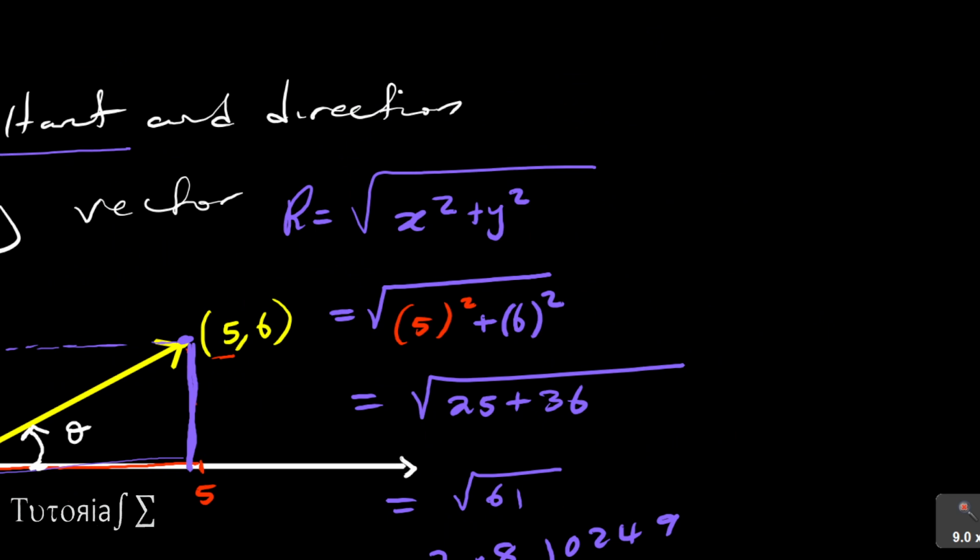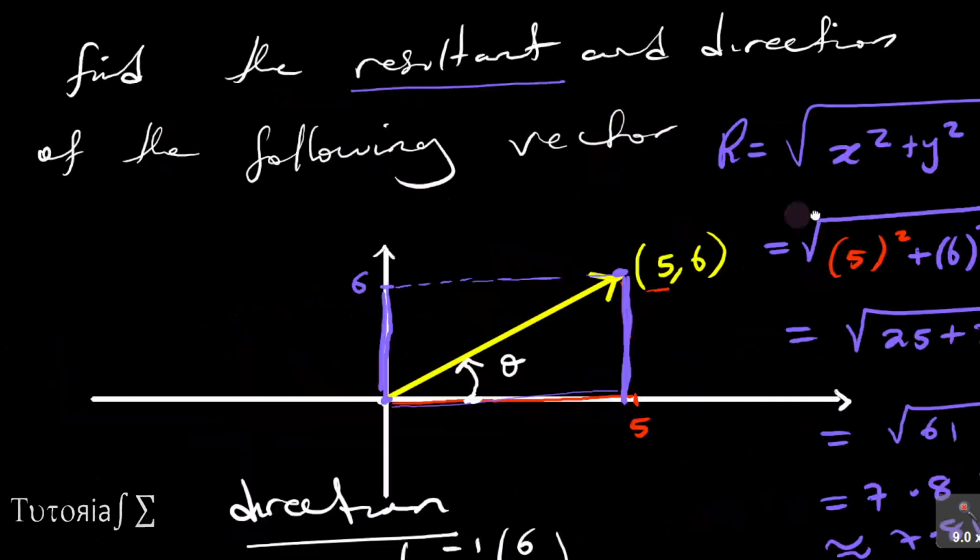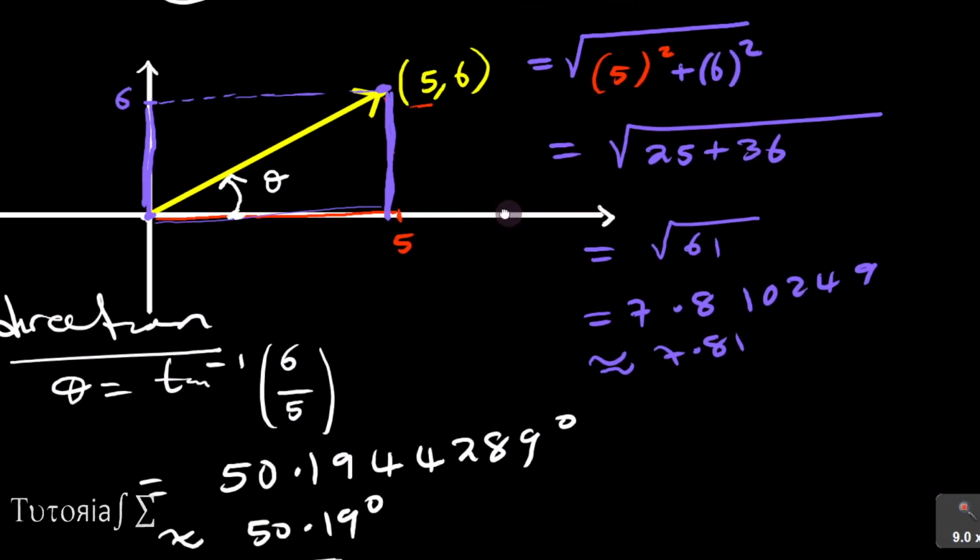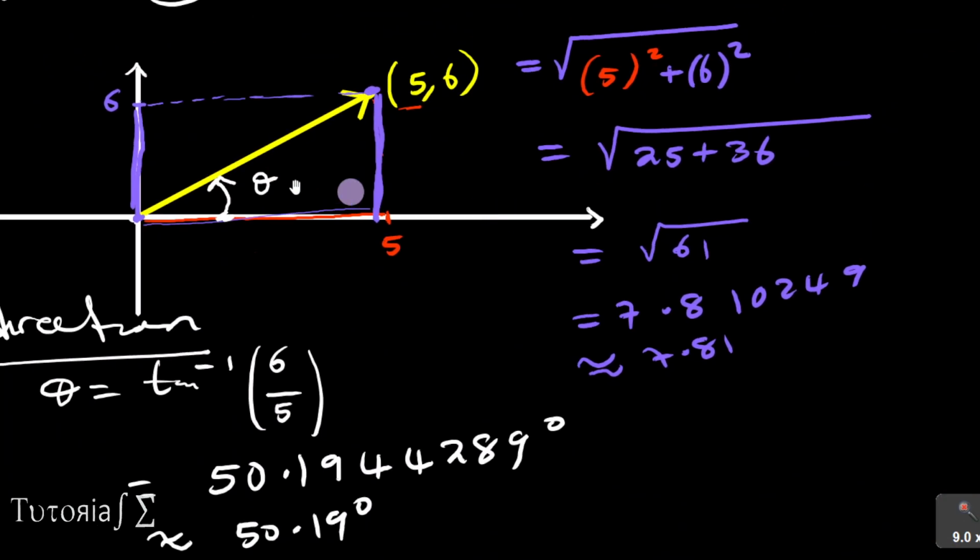Now, there may be more than one force acting on an object. So I'll give an example here, and you'll be asked to find the resultant force and the direction an object will move. So for instance, let me start with maybe a box. I have a box like this.